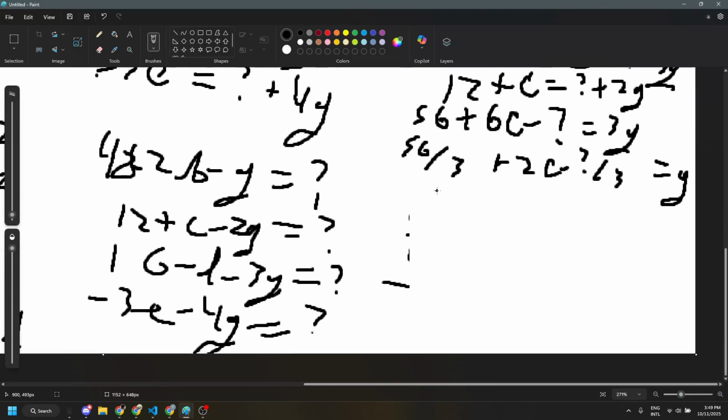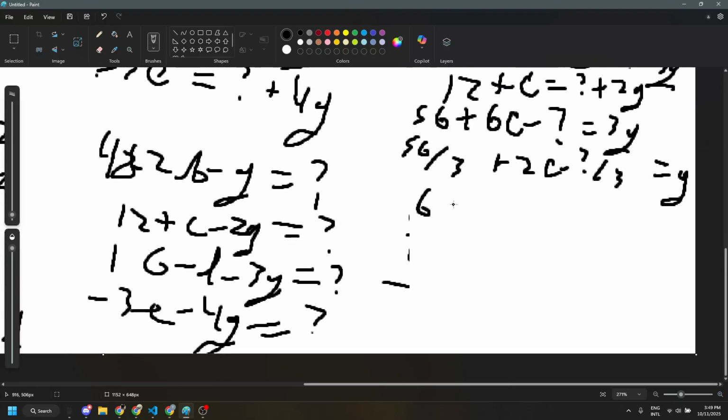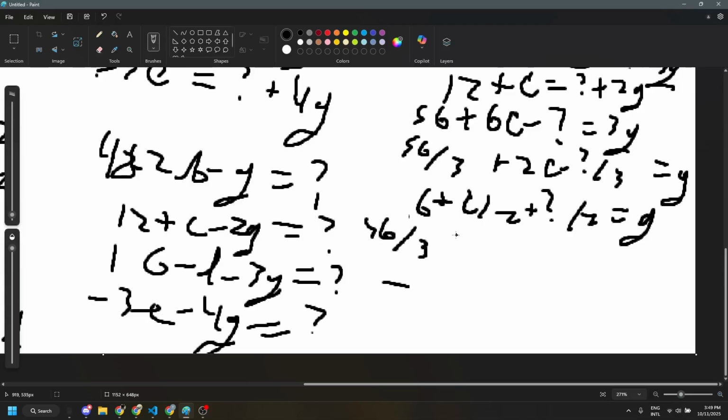Then we have 6 plus c over 2 plus question mark over 2 is equal to g. And then now, putting these equations together, we get 56 over 3 plus 2c minus question mark over 3 is equal to 6 plus c over 2 plus question mark over 2. I think what I should just do is multiply by 6.